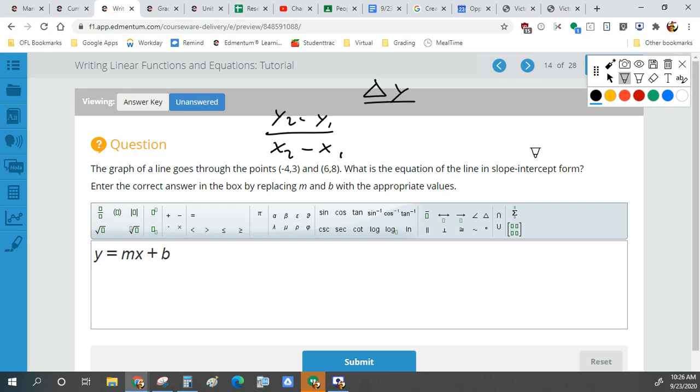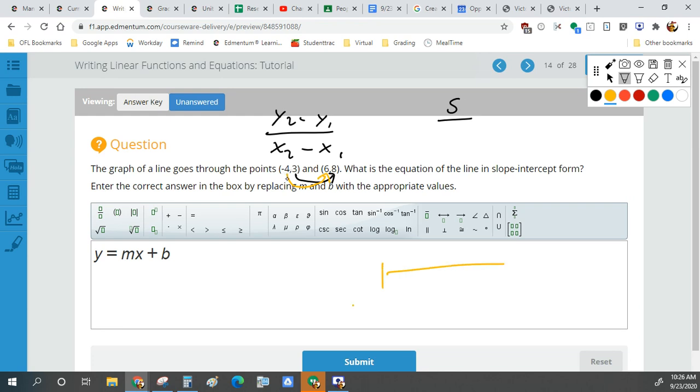In science classes, they usually call it the delta for the change in. So another way of doing this that I like doing better is just going, how do I get from 3 to 8? Oh, I'm going to go up 5. That's my change in y. And then for my change in x, I'm going to go, how do I get from negative 4 all the way to positive 6?